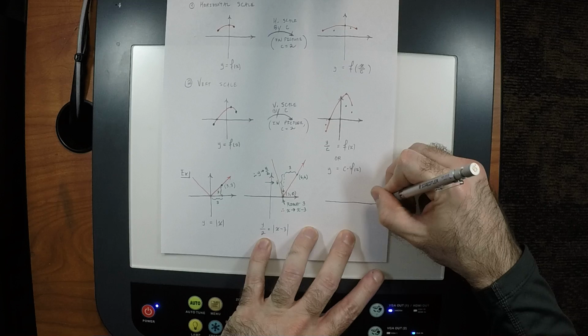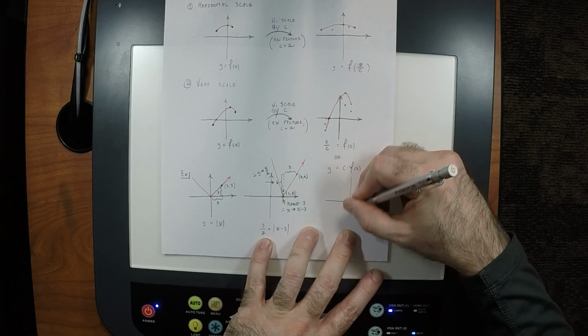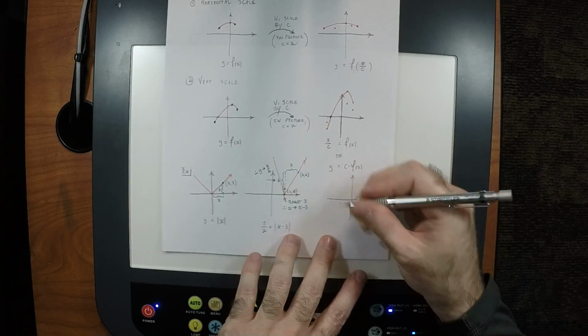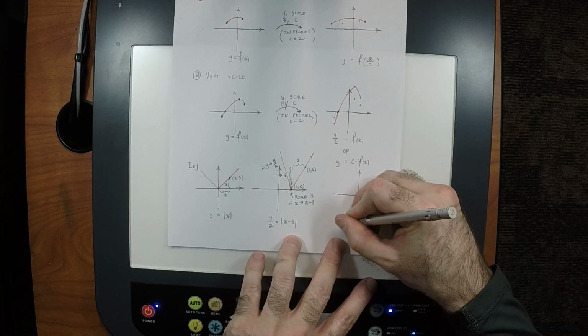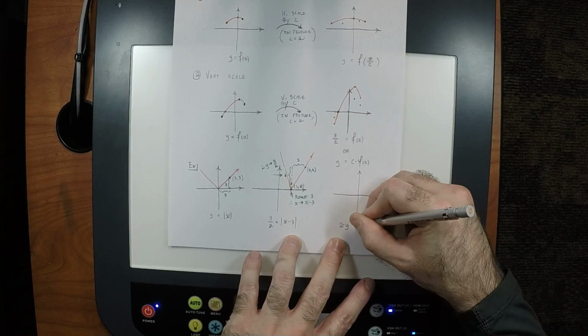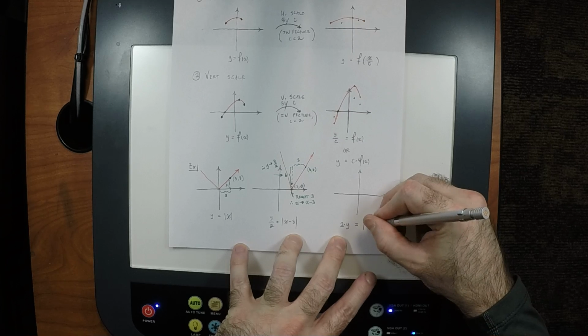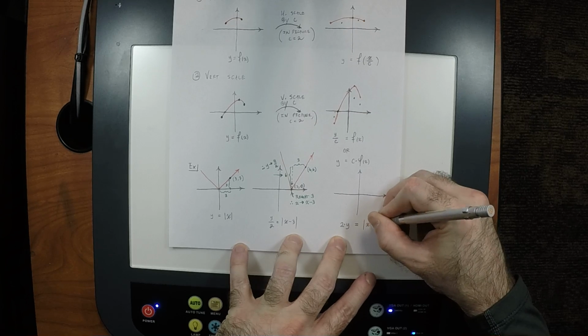Finally, how about this one? What if I give you the equation? The equation is twice y is absolute x plus 1.